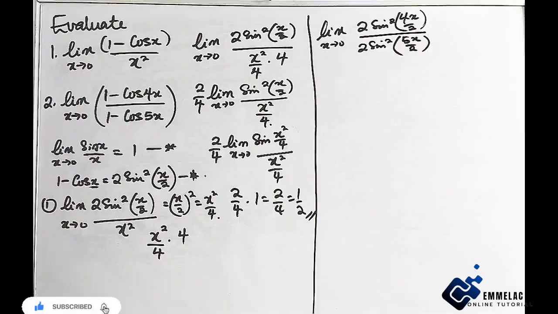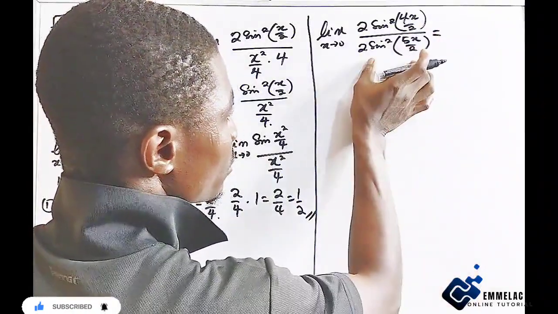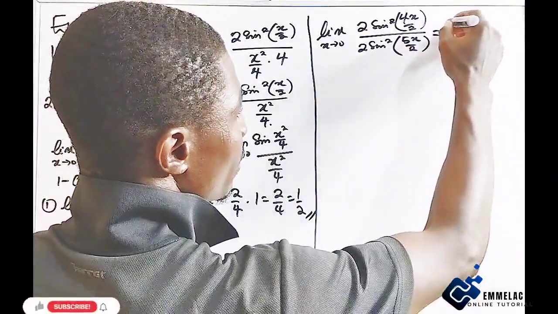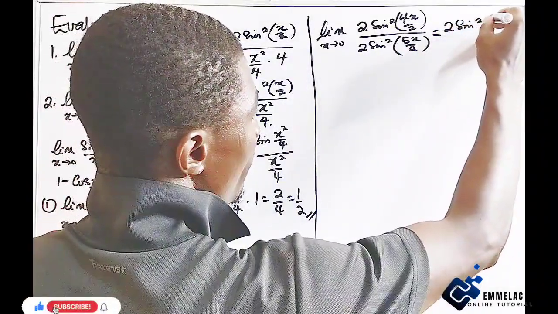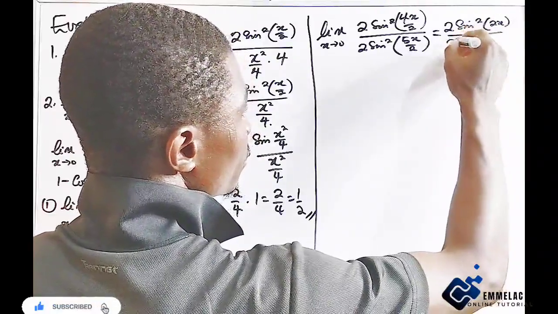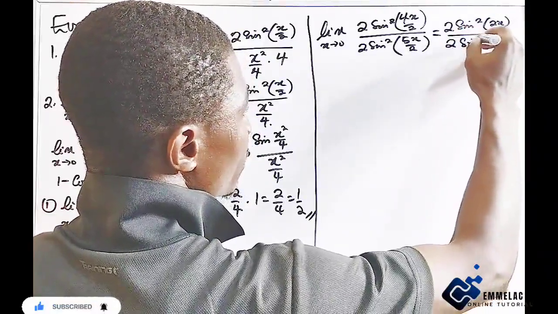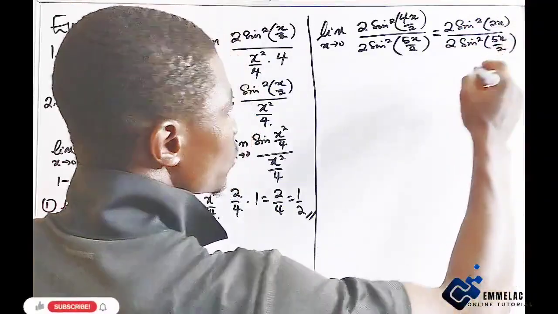Let me write the function here: you have 2 sine square 2x, then all over 2 sine square 5x all over 2.